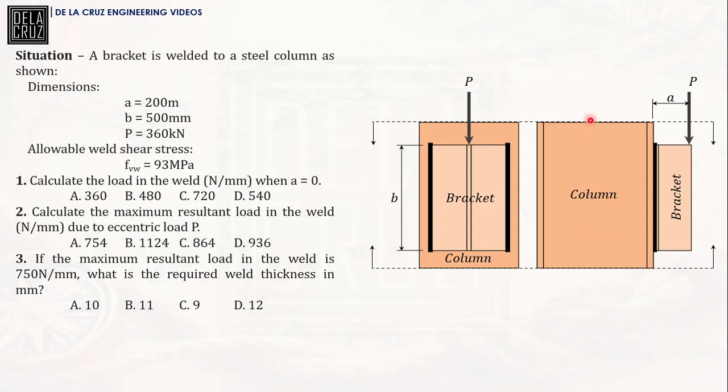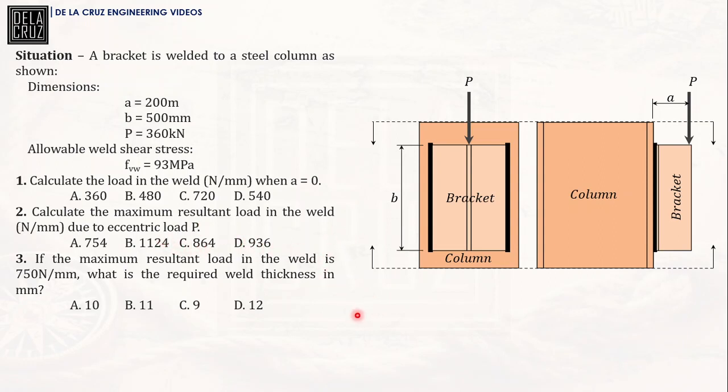So we have here a bracket that is welded on a steel column as shown. The dimensions are given and the load P is also given, along with the allowable weld shear stress. The problem is to calculate the force per mm of the weld under these conditions when A is 0.